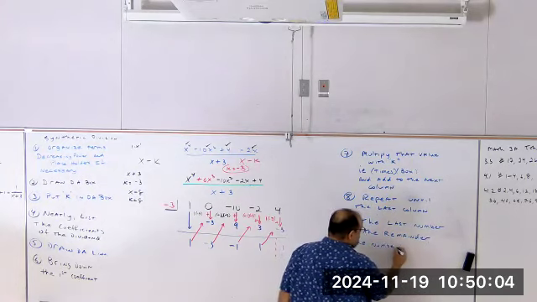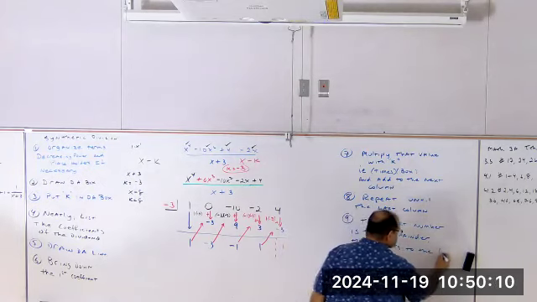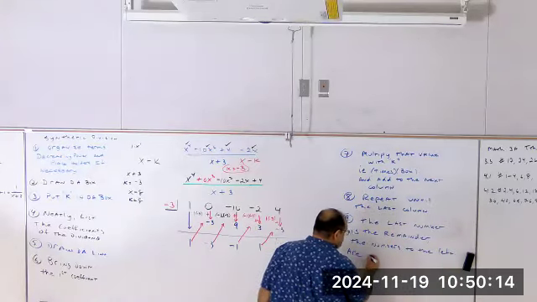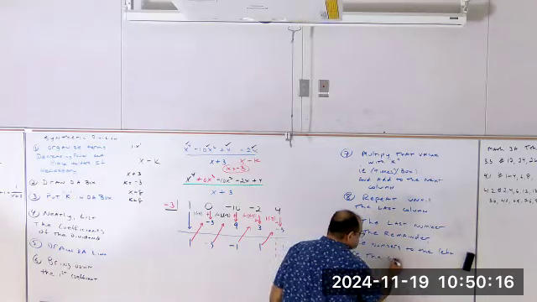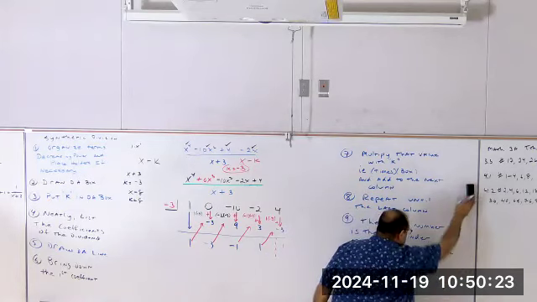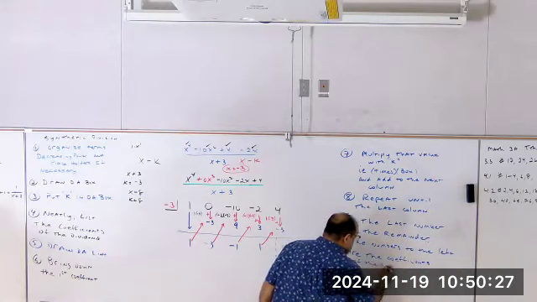The number to the left of the remainder are the coefficients of the quotient, the answer.